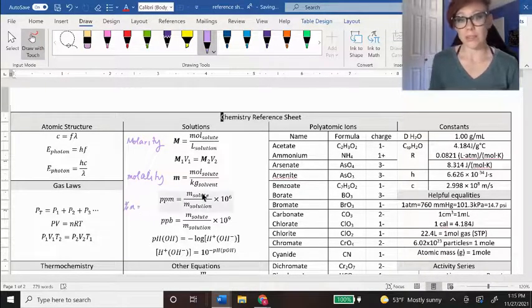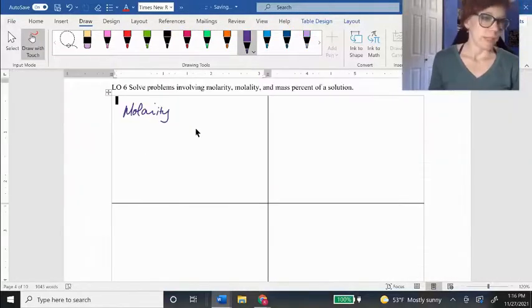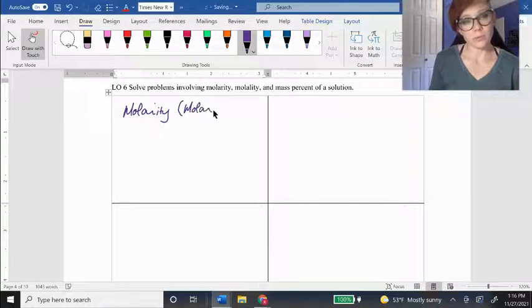That is your mass of your solute over your mass of solution times 100. So it's the same formula as parts per million and parts per billion, except it's not times 10 to the 6 or 10 to the 9. It's per 100.